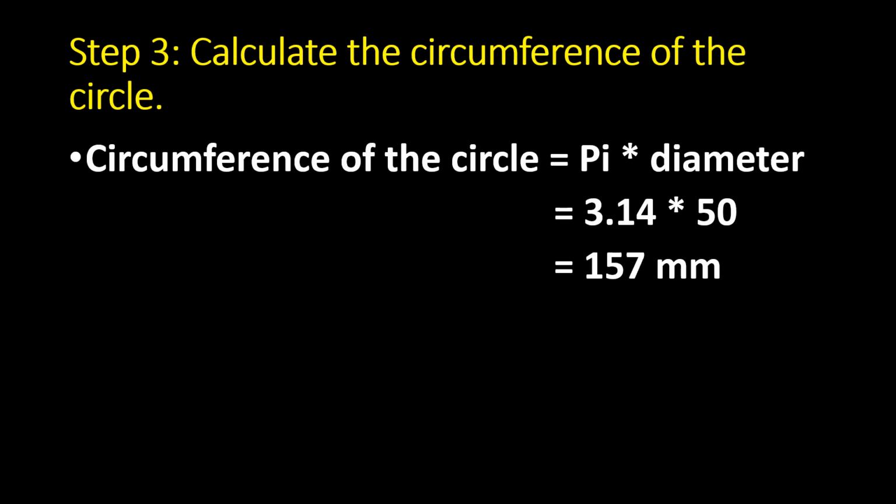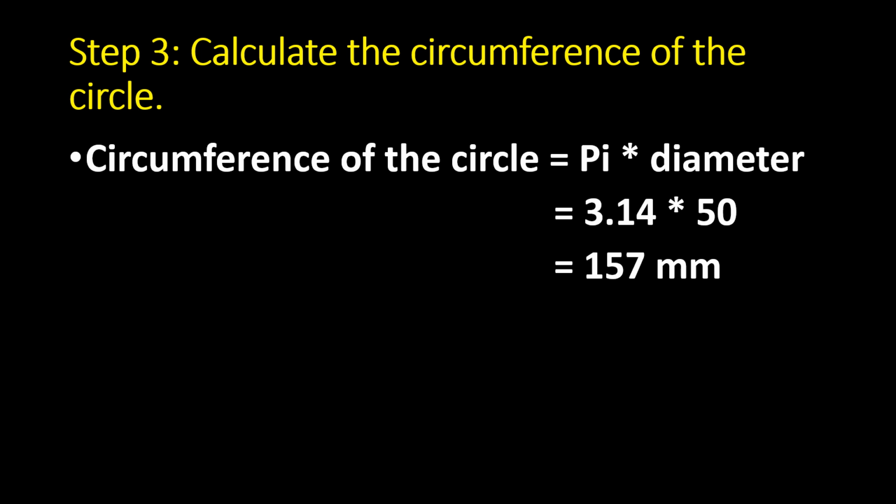Step 3. Before we proceed, we need to calculate the circumference of the circle. The formula for circumference is pi into d, because diameter is given here. The value of pi is 3.14. So 3.14 into 50 gives you 157 mm.